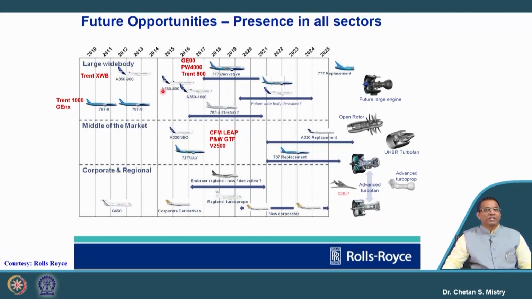In the case of large aircraft, we are using the Trent 1000, GenX, Trent XWB, GE90, Pratt & Whitney 4000, and Trent 800. It says that very soon these aircraft will be looking for replacement of the engine because they are changing their capacity, that is one.